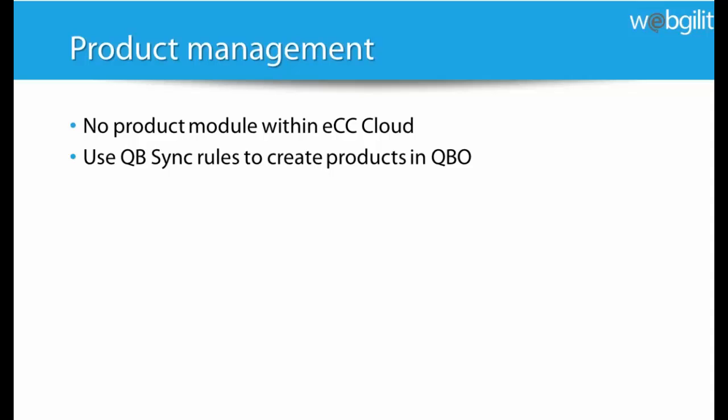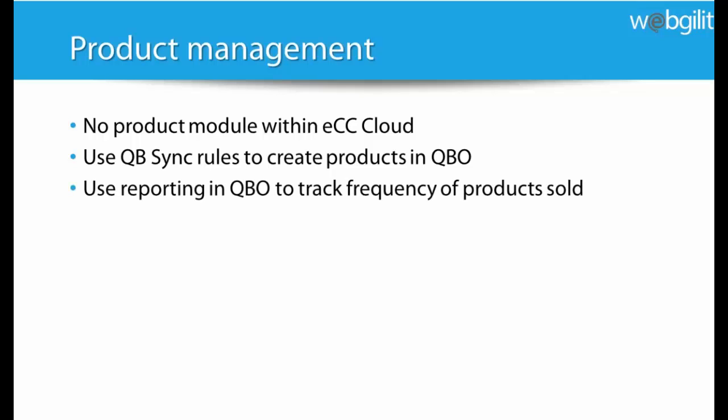And a really important thing to know about QuickBooks Online, even though it doesn't have the quantity capabilities so you can synchronize, it does count. My next slide really builds how that works. Since QuickBooks Online is counting, you can utilize reporting within QuickBooks Online to track the frequency of products sold.